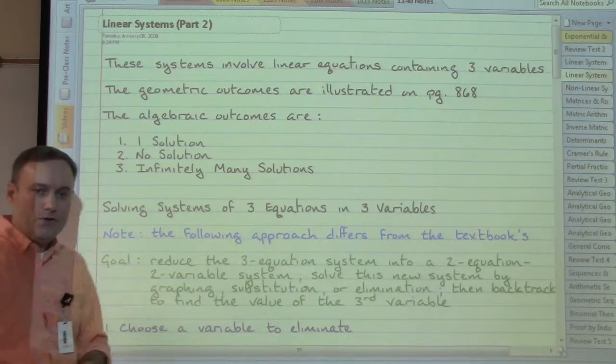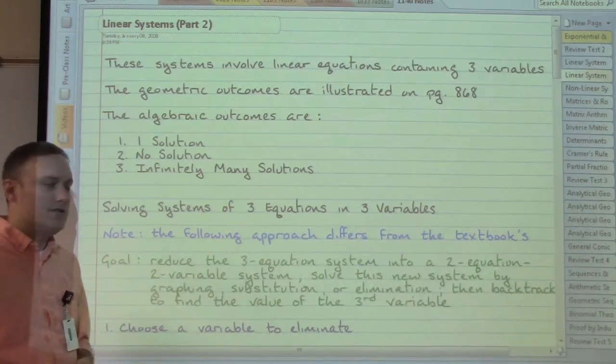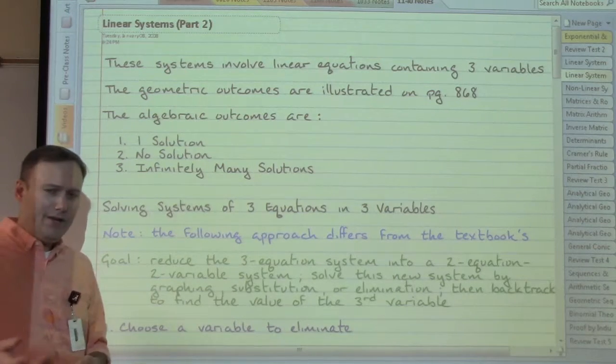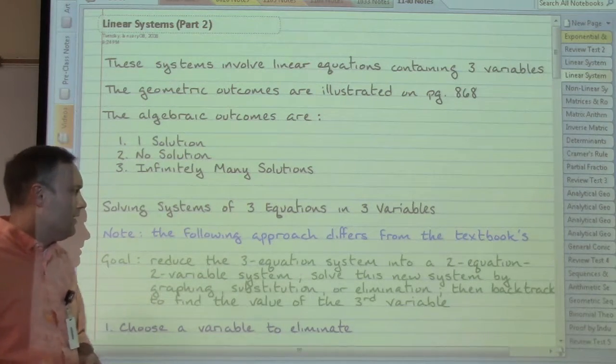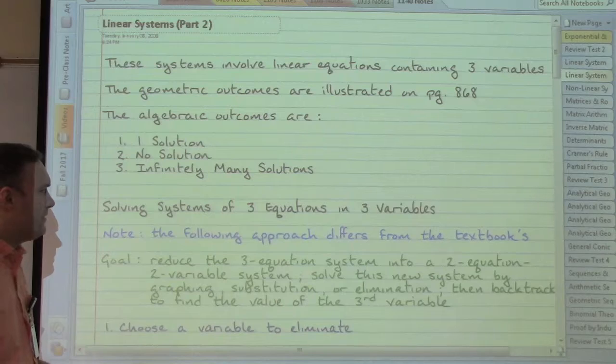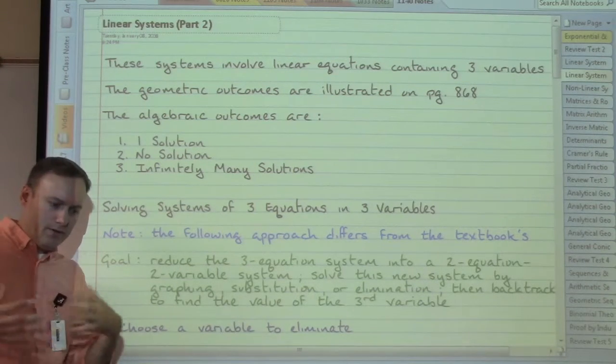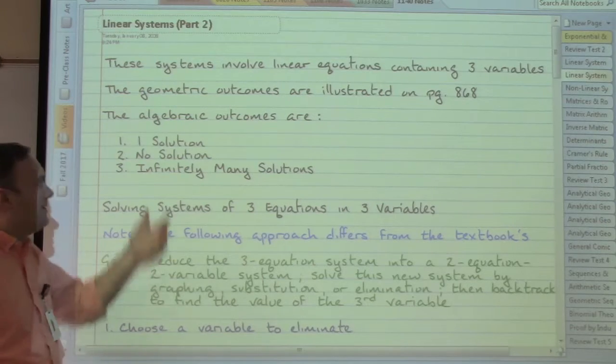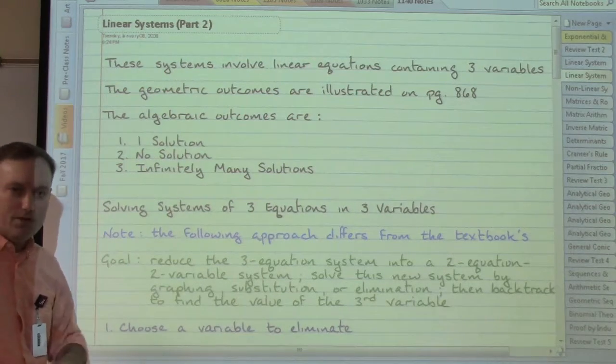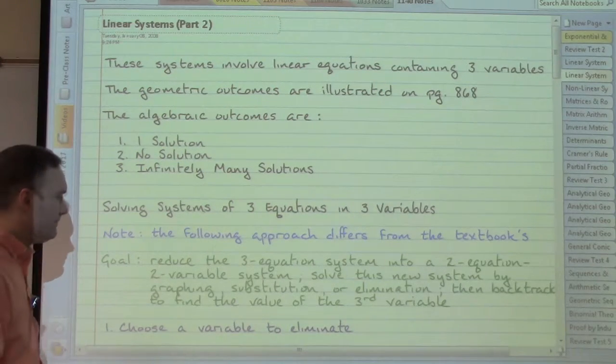And there are a few other things that could also happen as far as the infinitely many solutions. I'll mention those when we get to later examples. Mostly what we're going to do here with our exercises is end up finding one solution, most of it.